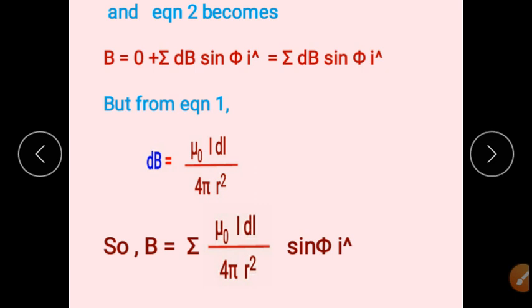That is sigma dB sin phi i cap. From equation 1, that is from Biot-Savart's law, we have the magnitude of dB, that is mu 0 I dl by 4 pi r square. Substituting, B is equal to sigma mu 0 I dl by 4 pi r square sin phi i cap.